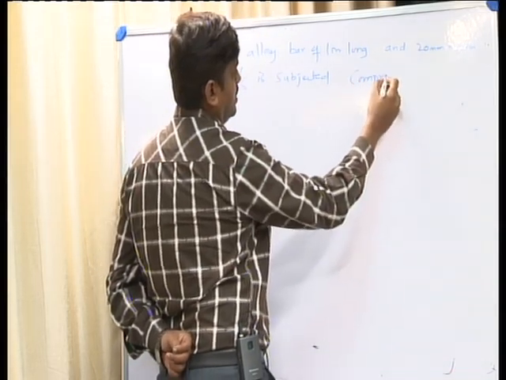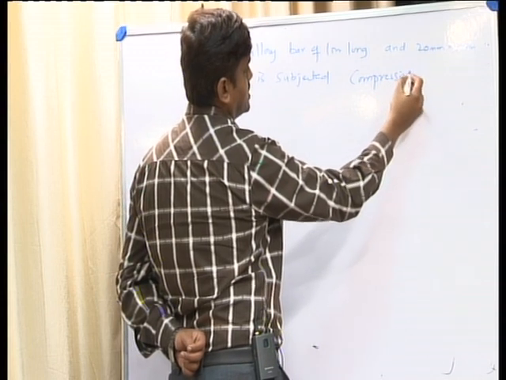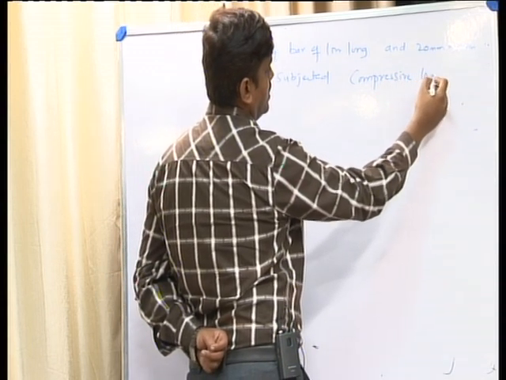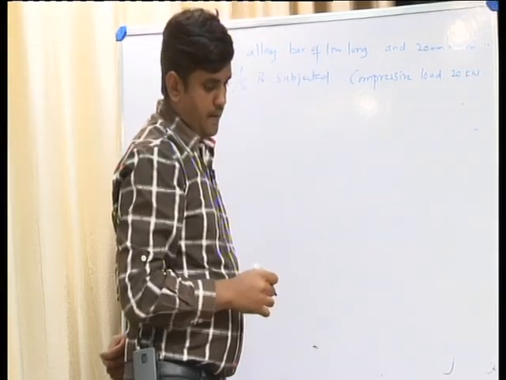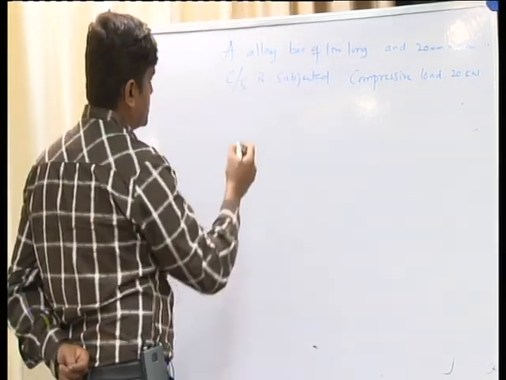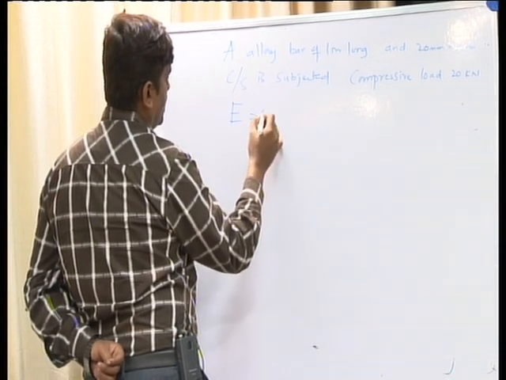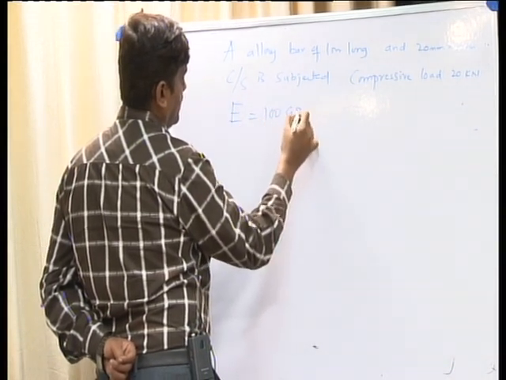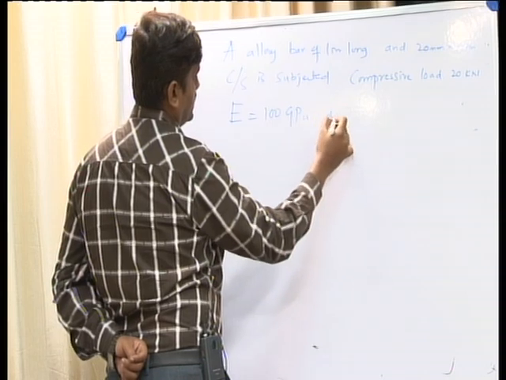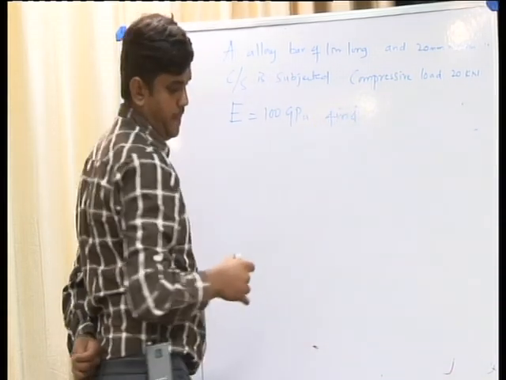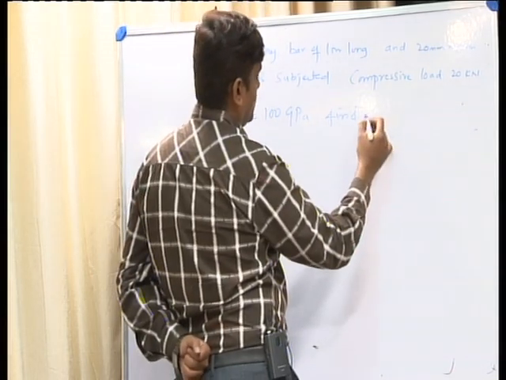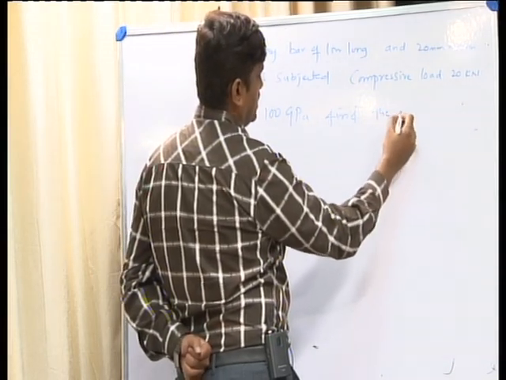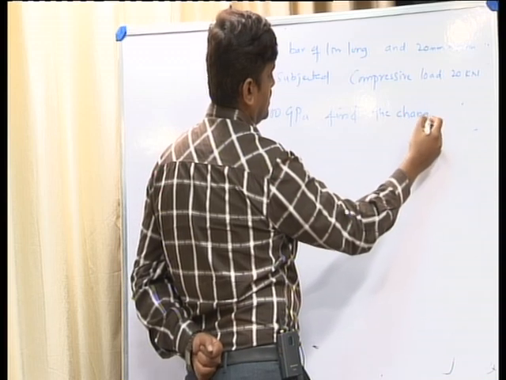There it was a tensile load, here it is a compressive load of 20 kilonewton. If the modulus of elasticity is equal to 100 GPa, find the change in length.